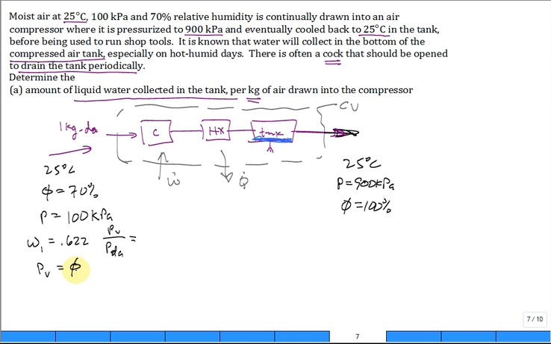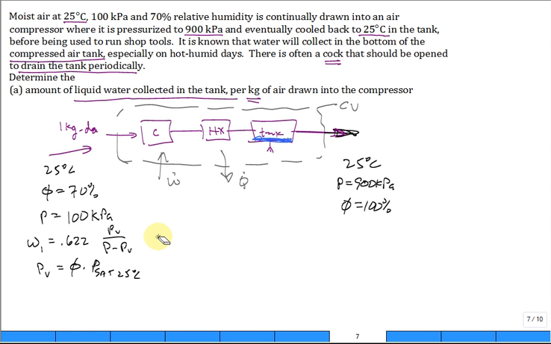Well, it's phi times P sat at the 25 degrees C. And then maybe you just skip this, just call it the total pressure minus PV, because it eliminates one little step. Okay? So that's the humidity ratio coming in.